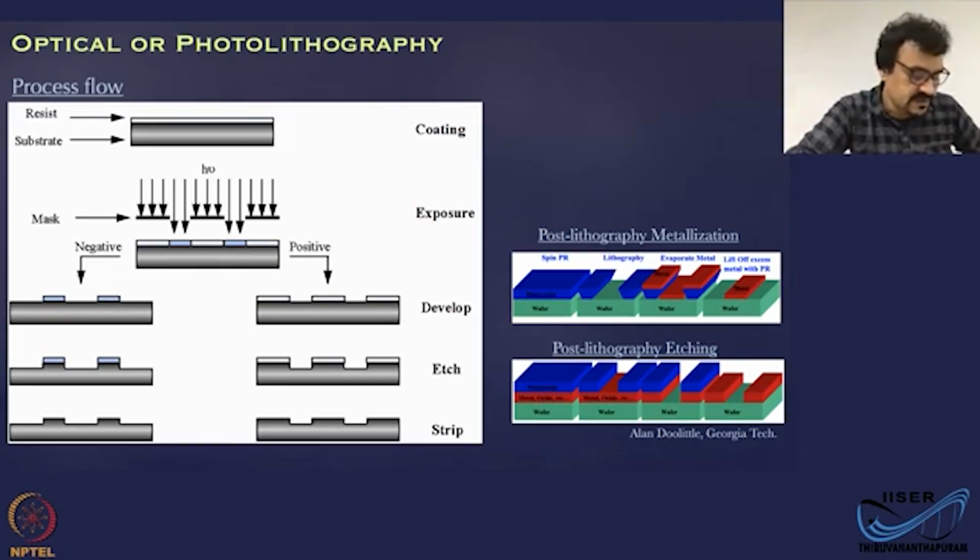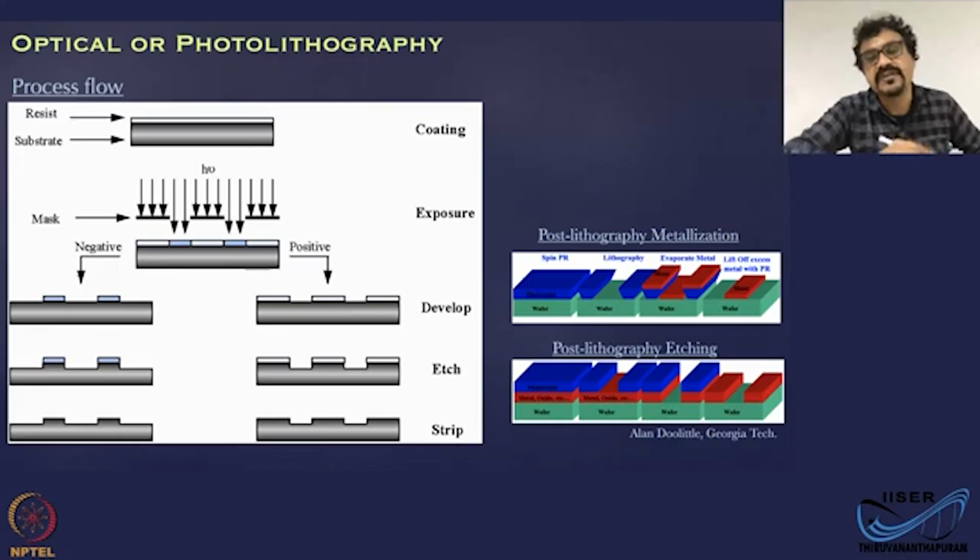Then what you can do is you can basically create patterns either by etching. So wherever the resist is not there, that place is exposed for you to do further processing.